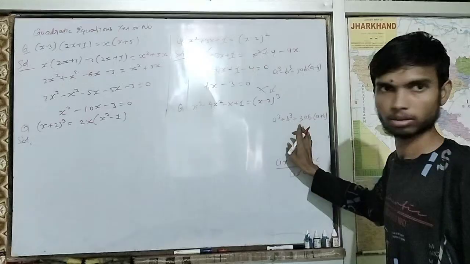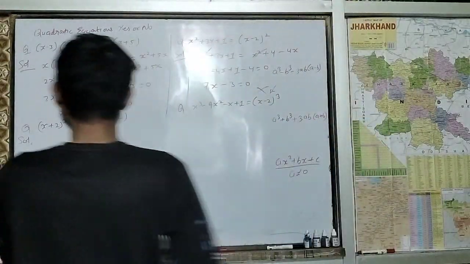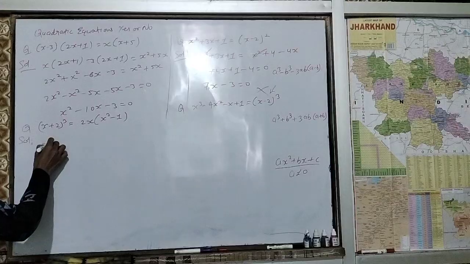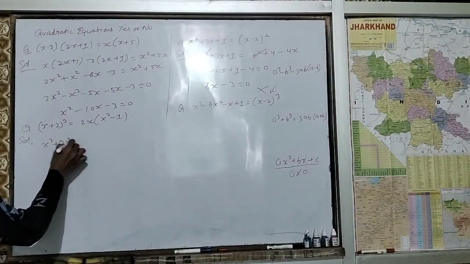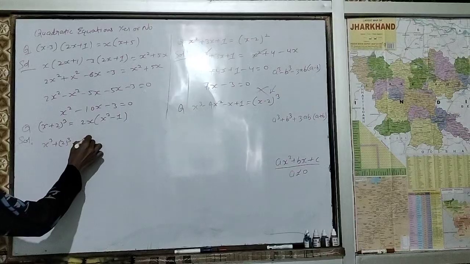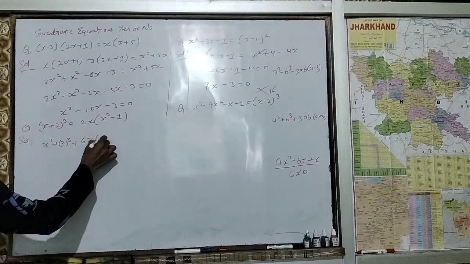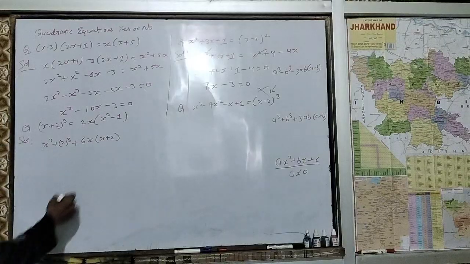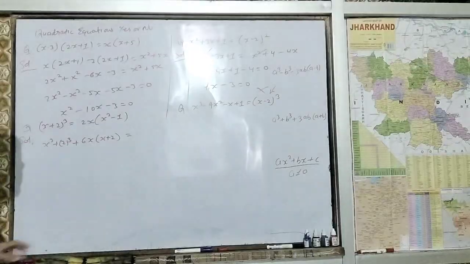Let's apply this identities in this our equation. x cube plus 2 cube, then plus 3 to just 6, x and x plus 2. Clear? This part is done. This part is done.